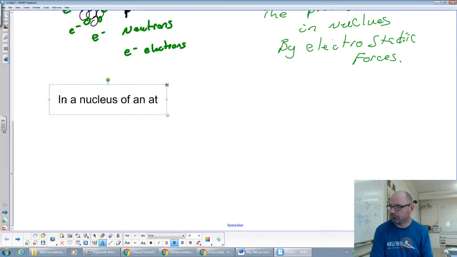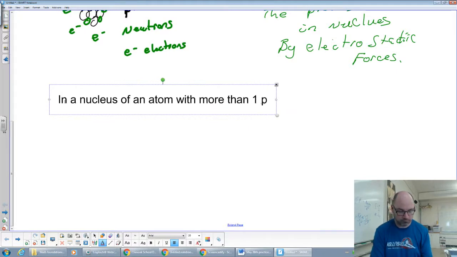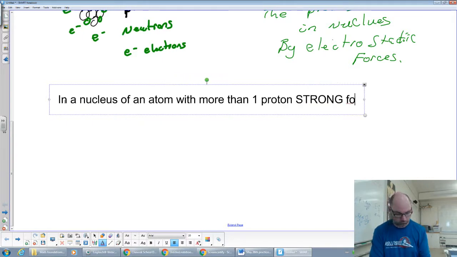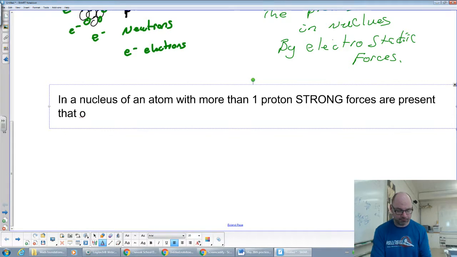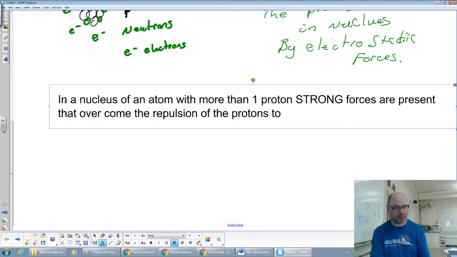In an atom with more than one proton, strong forces exist that overcome the repulsion of the protons, to hold the protons together.